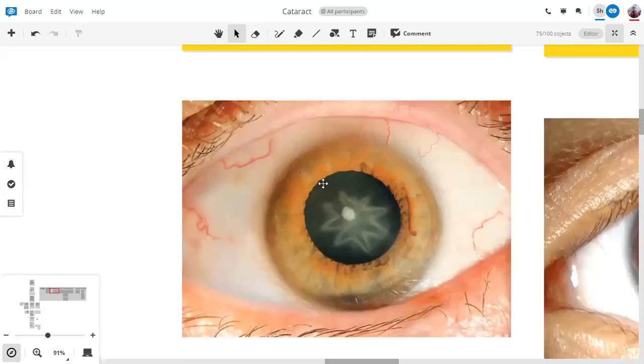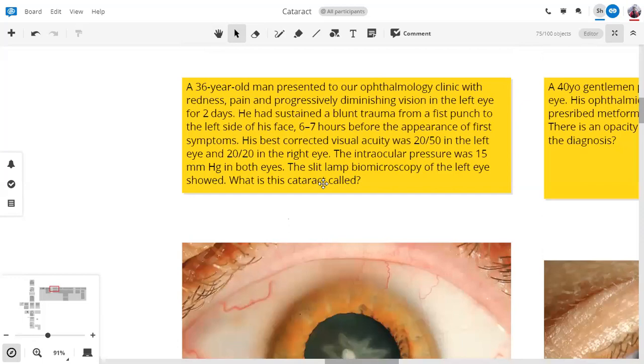Since we're discussing it for the first time, we have to read the scenario.